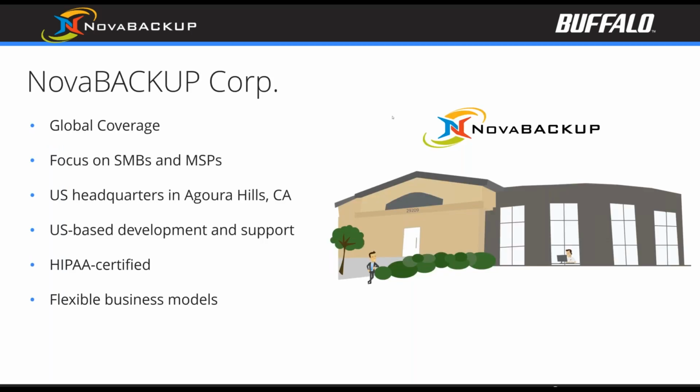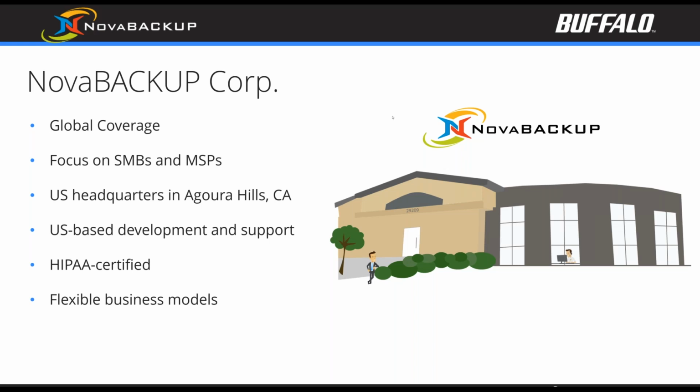That being said, let's talk about who you have on the horn today, company wise. So I'm from NovaBACKUP Corp. We have global coverage. If you're not familiar with us already, we've been dealing with backup and recovery software for ages. Our focus is on small businesses and specifically MSPs. Our U.S. headquarters is here in Agoura Hills, California, where it's currently a balmy 76 degrees.